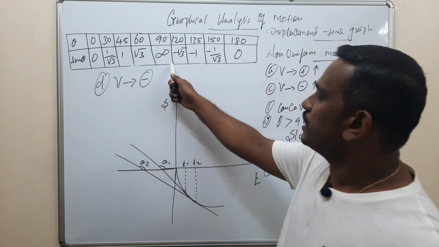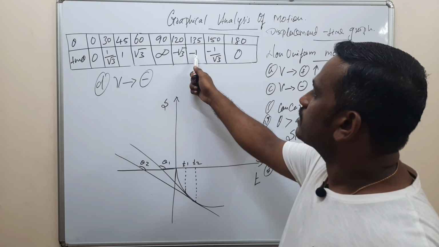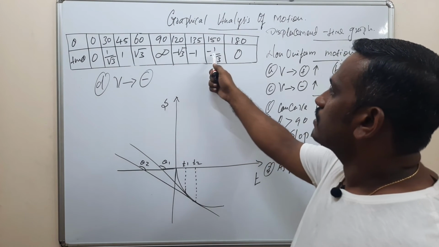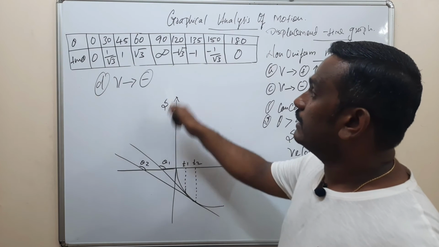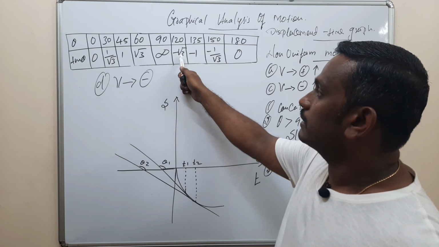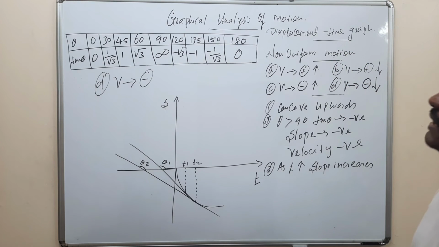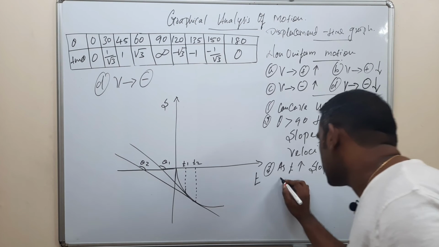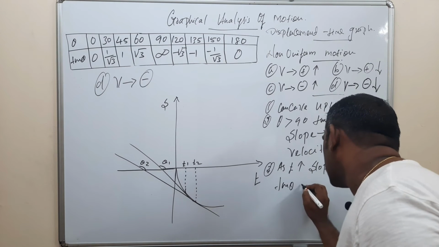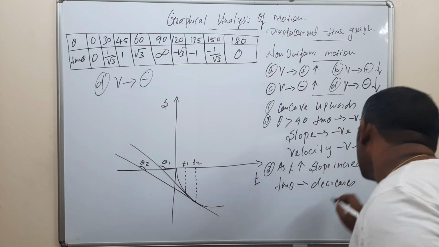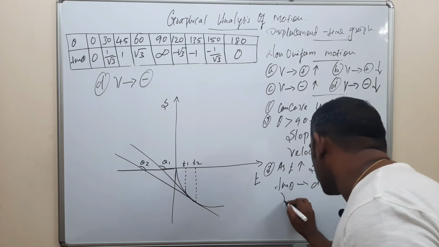So on the negative side, the angle is greater than 90 degrees. If the slope increases, it means tan theta value decreases.